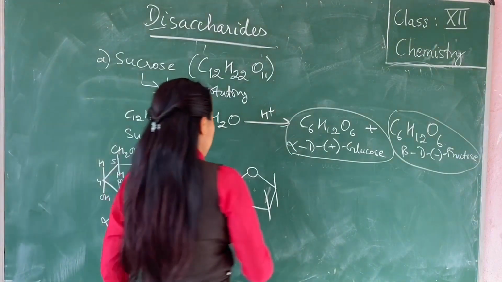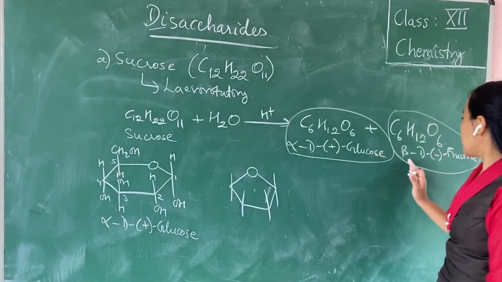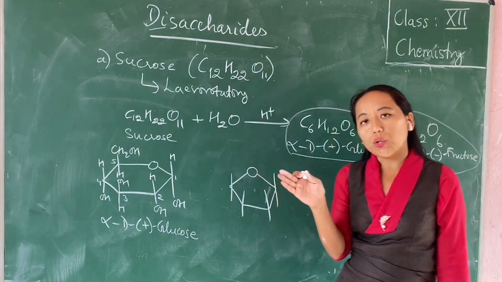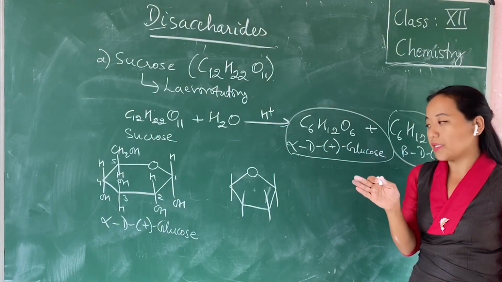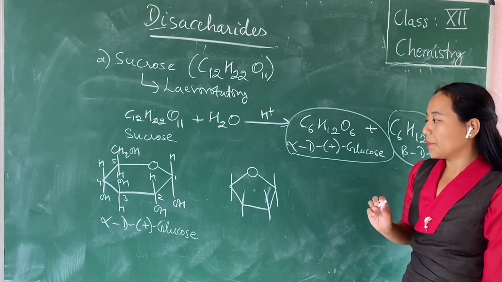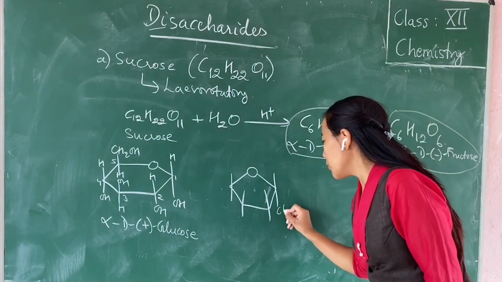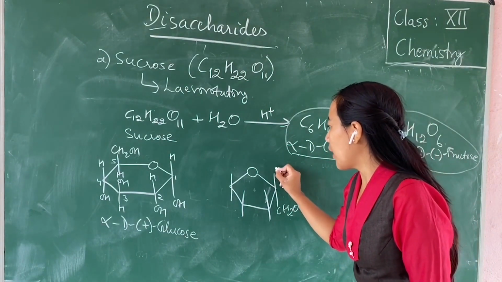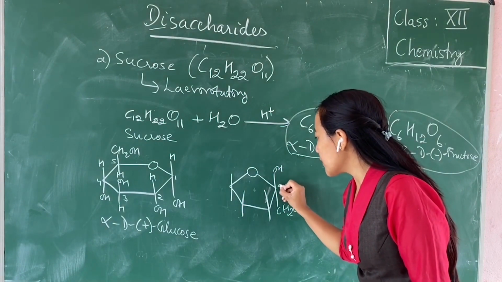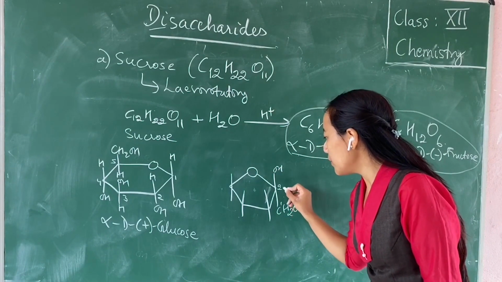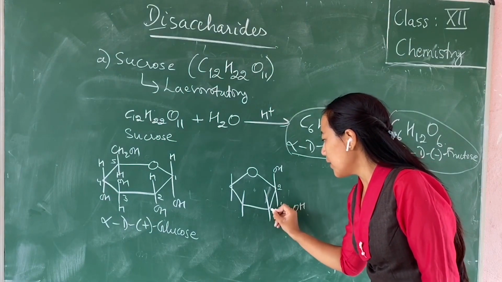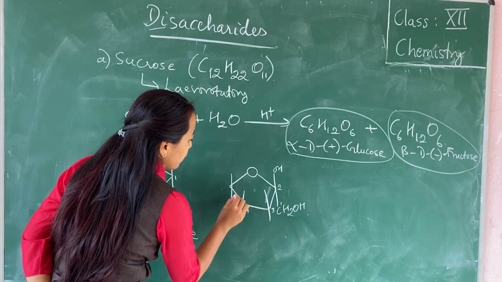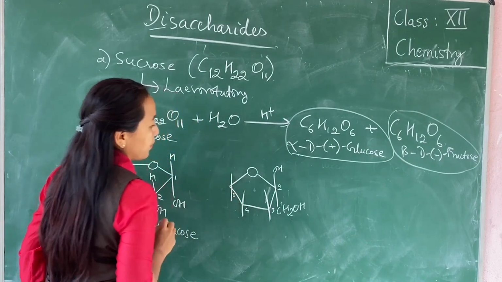Now coming to the structure of fructose, it says beta D fructopyranose. Beta means you have OH on the second carbon atom on the left hand side. So CH2OH will come at the bottom and then you have your OH. This is your second carbon, first, second, third, and then you have fourth, fifth, and then sixth will come here.